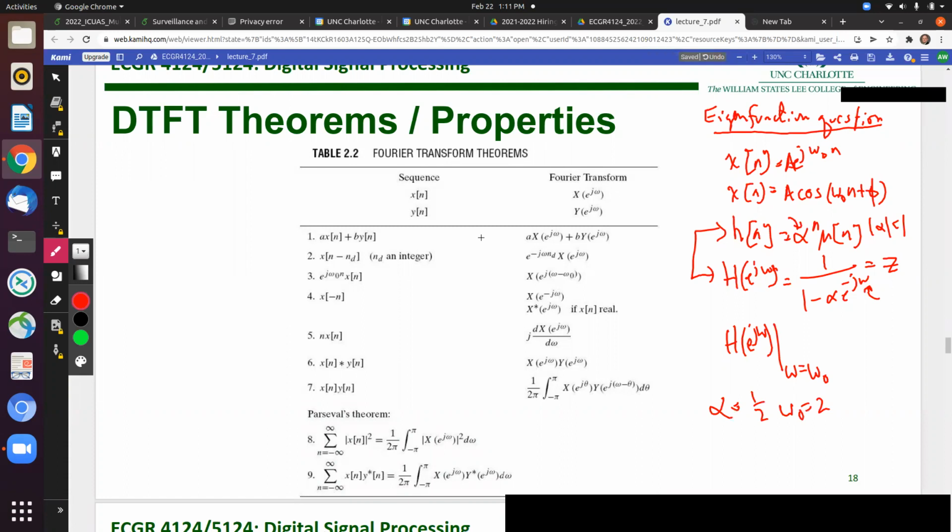It's just a complex number. And so that's what you would do. You would say 1/(1 - 1/2 e^{-j2}). And that's a complex number. And so then that complex number would be the A for this.